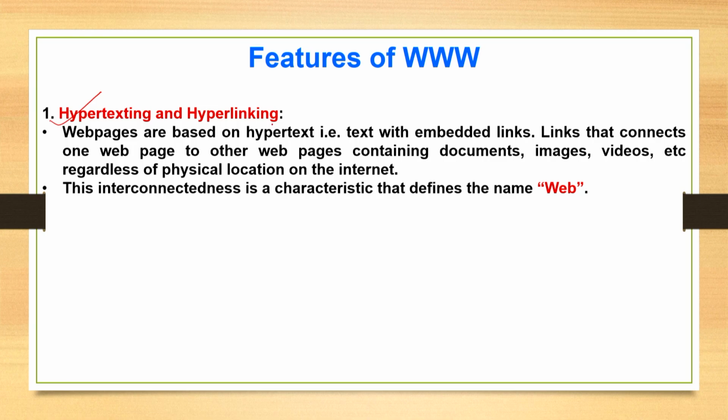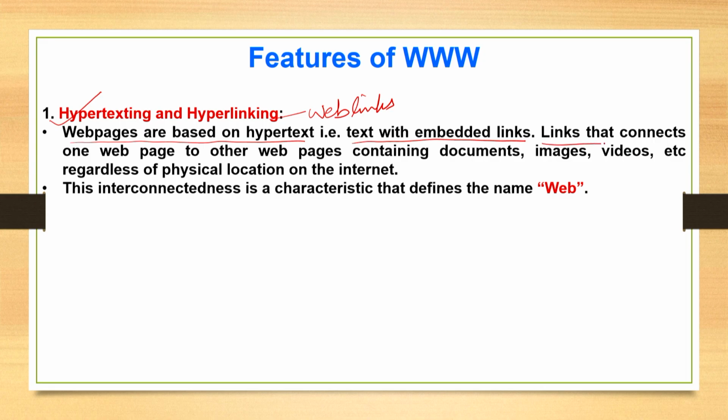Hypertexting and hyperlinking means the web pages are based on hypertext, that is text with embedded links. A hyperlink is also called a web link, used to move to some location that may be within the page, among pages, or between websites.